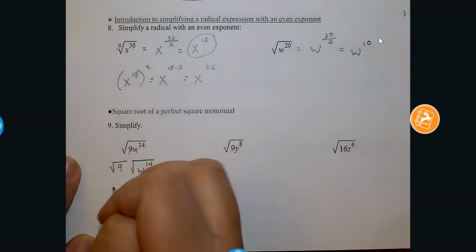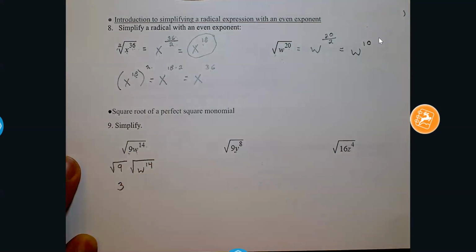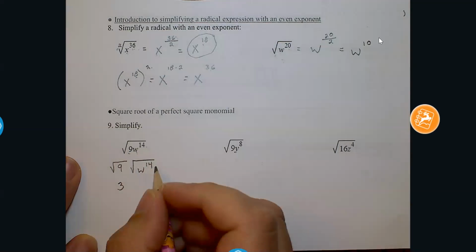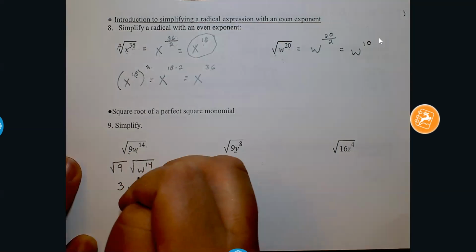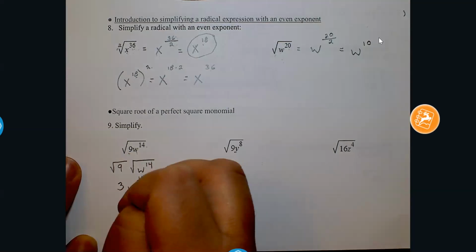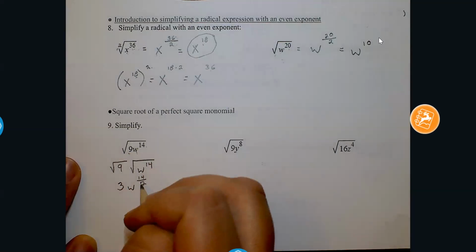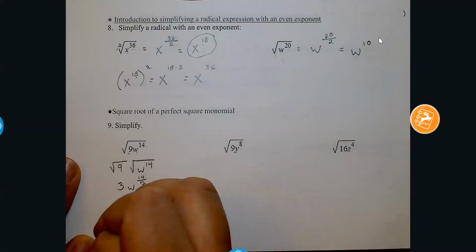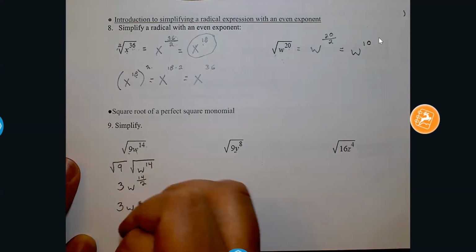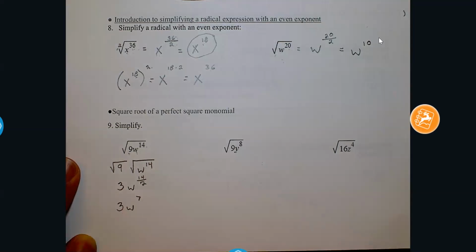We've done that before. The square root of 9 is 3. The square root of w to the 14th is really w to the 14th over 2. Now 14 over 2 is 7, so this becomes 3w to the 7th. I don't have any square roots left. All right, this is the square root of 9, and the square root of w to the 14th is 3w to the 7th.